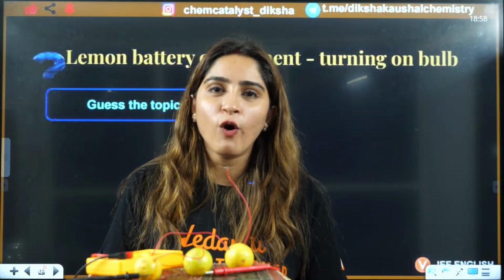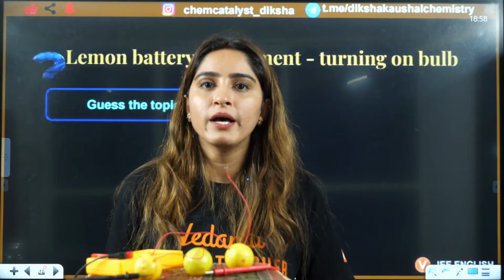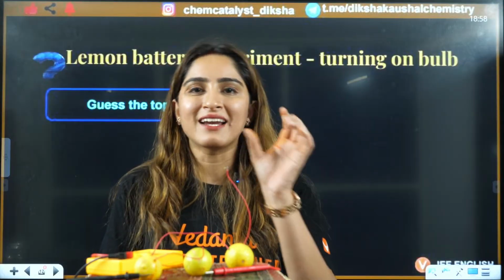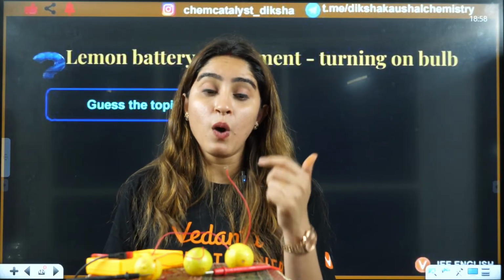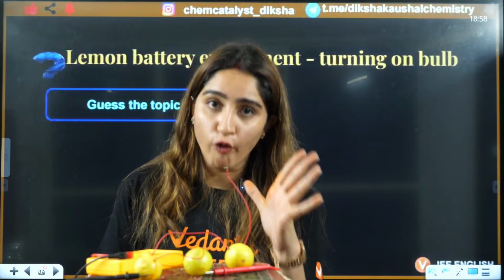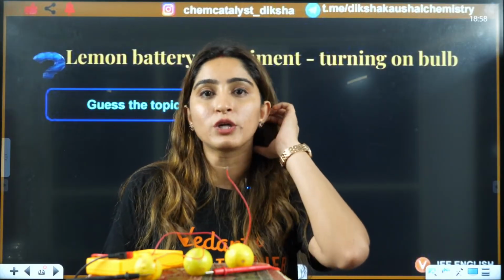But I also tried. I had a small bulb. Bulb means those bulbs that are used in electronics, which is only a 5-volt bulb. Now I used that bulb for 1 nimbu, 2 nimbus, 3 nimbus, 4 nimbus. I was not able to turn it on.